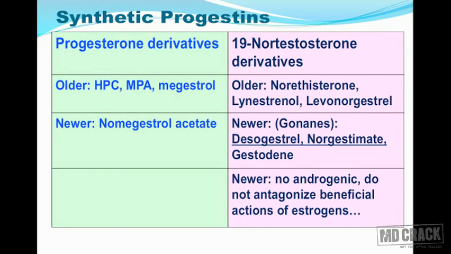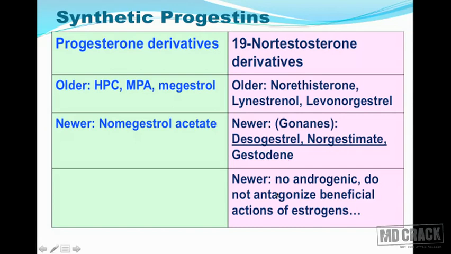Amongst the 19-nortestosterone derivatives, the older one is norethisterone, about which we just said it is used for postponement of menstruation, along with linestrenol and levonorgestrel. The newer ones are called gonanes and they are desogestrel, norgestimate and gestodene.